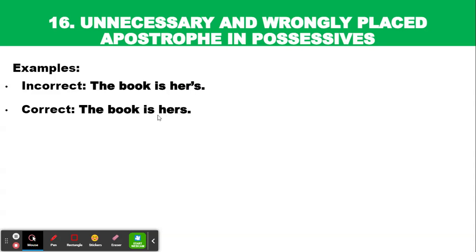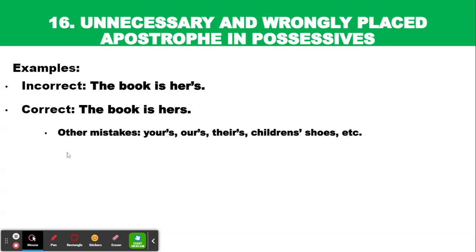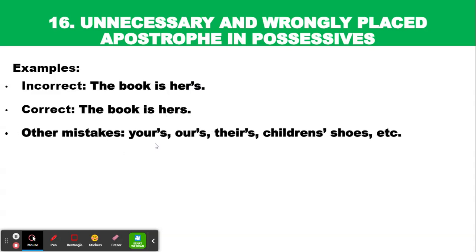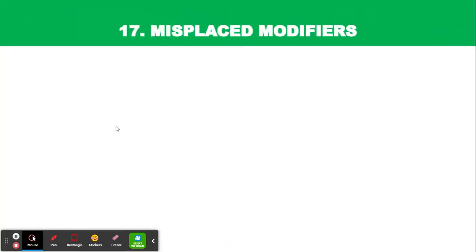There's no apostrophe. In other mistakes, people put an apostrophe in yours, in ours, in theirs, and even in some irregular plural nouns such as children. Children is already the plural of child. So you cannot put an apostrophe and s after children. So take note of such mistakes.